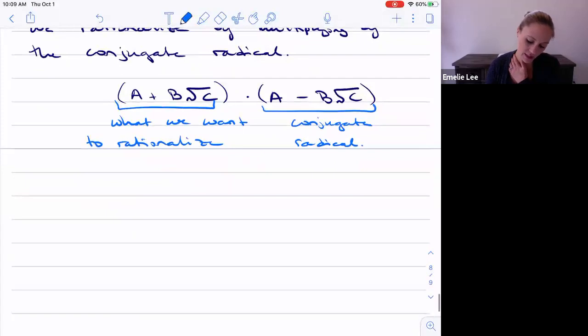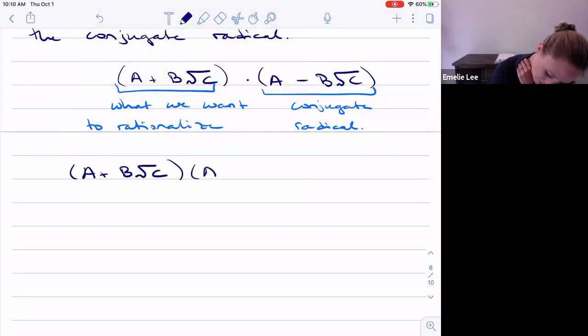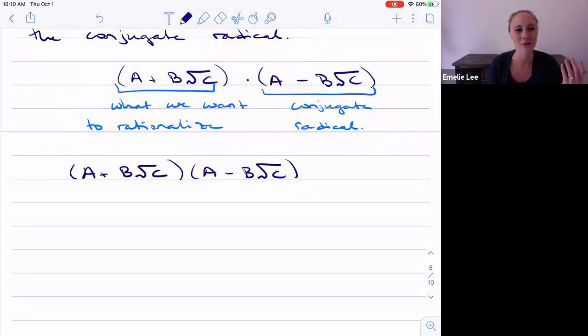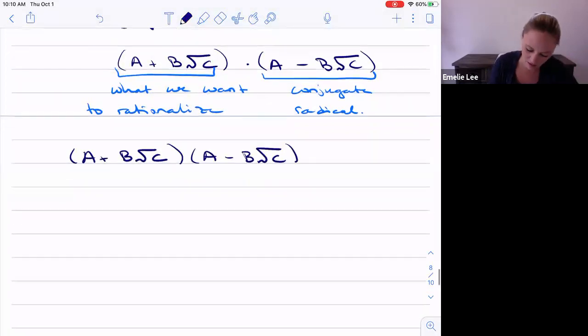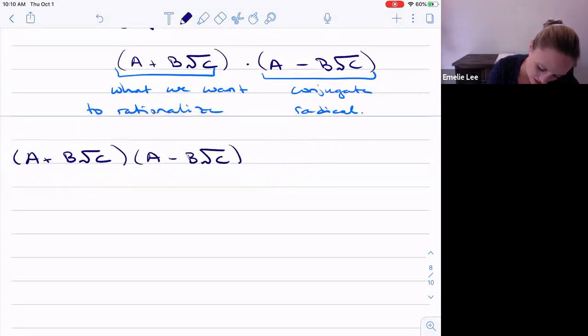So something really pretty cool happens if you have something like a plus b root c times a minus b root c, and we've seen this as our special factoring formulas, but it's nice to do it again. I'll scoot this over so I have some room to expand this, because I'm going to expand this out and see what it ends up looking like.